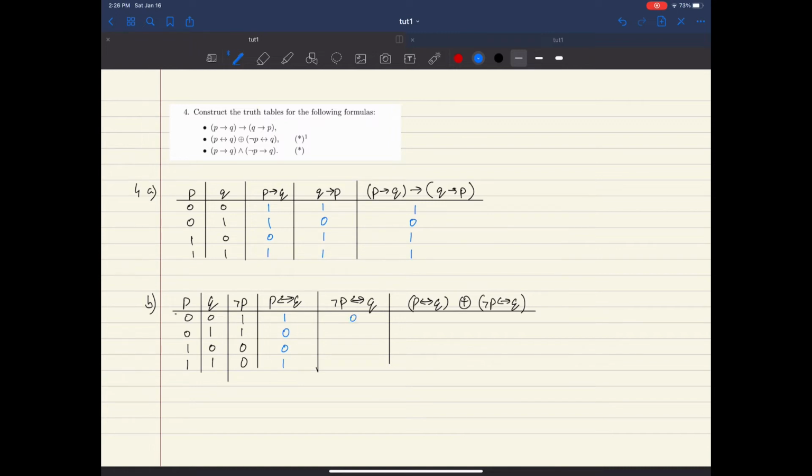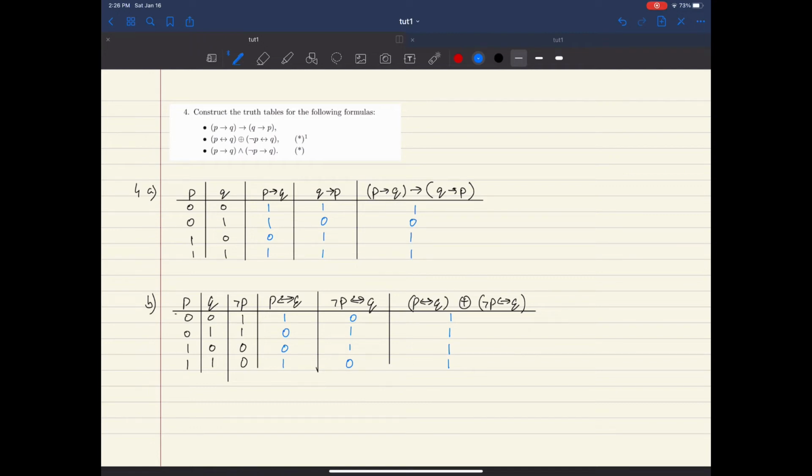So we'll solve for P biconditional Q and not P biconditional Q. And for the XOR, it's 1 only when either of the statements is 1. And if they are both 1 or both 0, it's 0. And that gives us our solution.